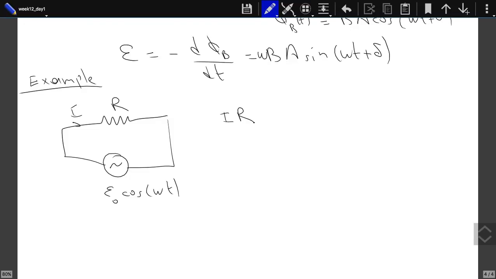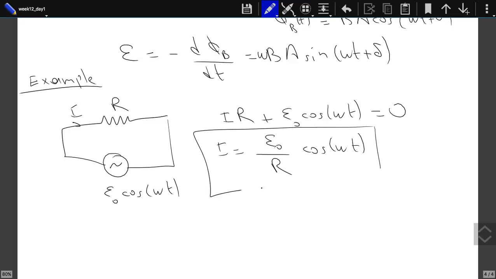Since it's constantly changing its sign anyway, the sign of that term is not really that important, so let's just add it with a plus sign. This should be equal to 0. So this just tells me that I is equal to epsilon 0 over R times cosine omega t.